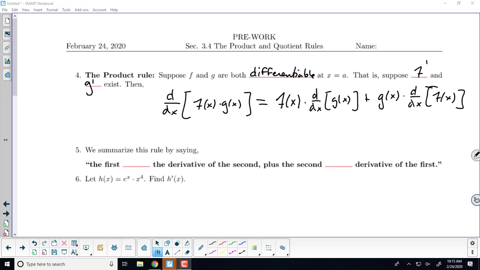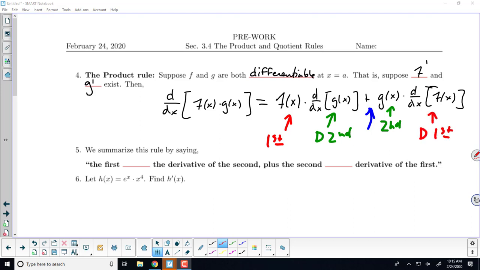For those of you that are new, though, I ask you to learn it this way. We say that you take the first, this is the first here, times the derivative of the second. We've got the operation plus, watch that. And then we take the second, and then we multiply that by the derivative of the first.